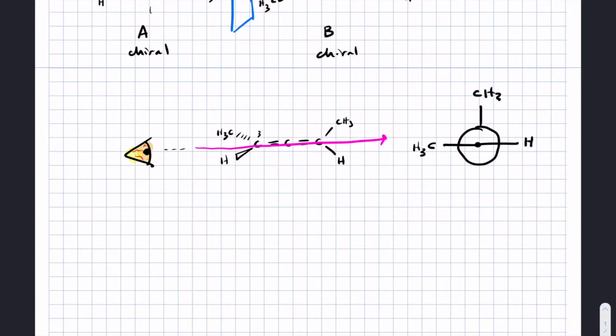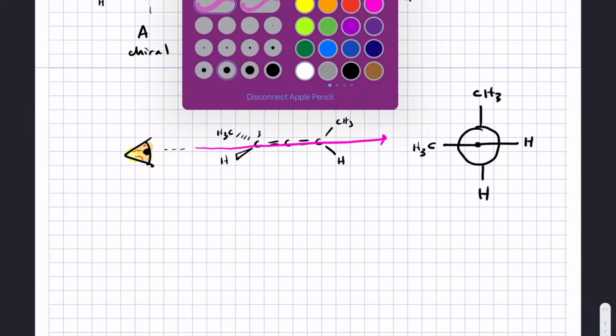So what you do to assign chirality of a helical chirality in this way is you look at the carbon in the front. It turns out it doesn't matter which one you look at. We can convince ourselves that that's the case. But you look at the carbon in the front, and you identify, just like with E and Z, the highest priority group.